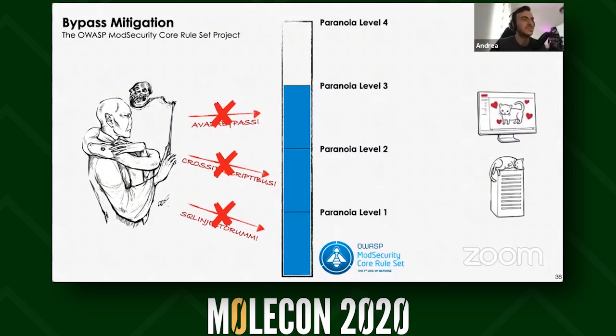And you can tune the rule set in order to increase step by step the paranoia level for your web application. And at OWASP core rule set, we constantly work in order to mitigate bypass techniques. And in my opinion, having a way to increase step by step the number of rules you add in your rule set is a great way to mitigate bypass and to increase your web application security.